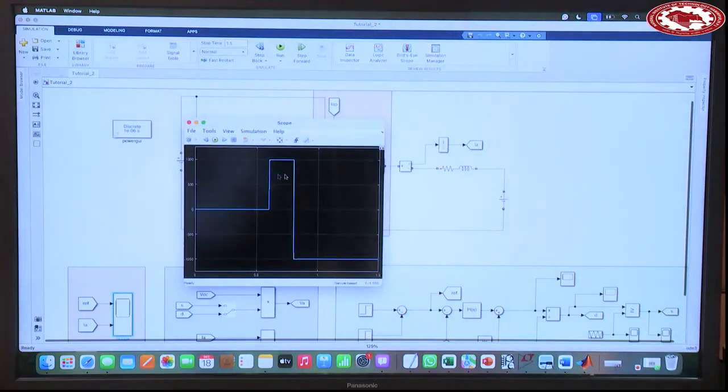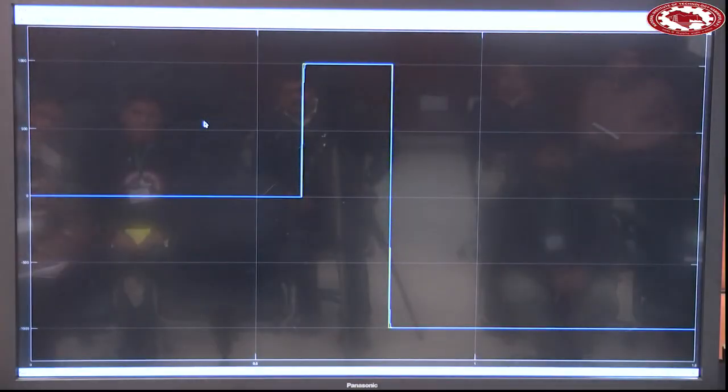So this is the average model. Here is the command. I have changed the command from 0 to 1000 and then 1000 to minus 1000.